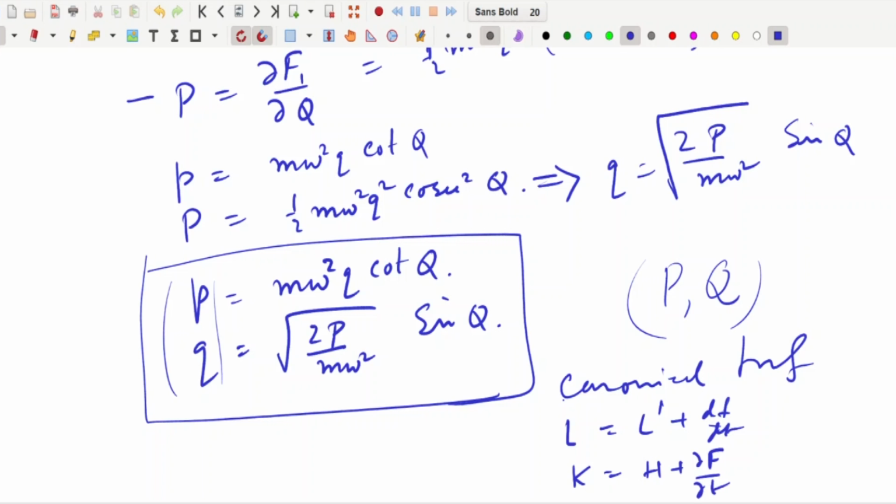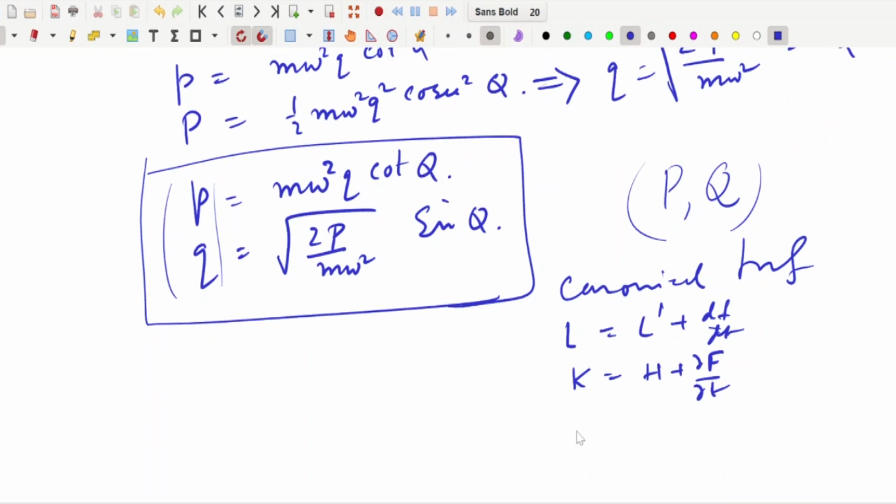In this case f does not depend on time, so K equals H. Your Hamiltonian does not change. So, this F1 generates this canonical transformation.